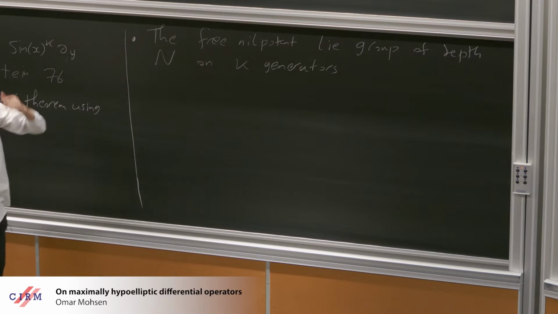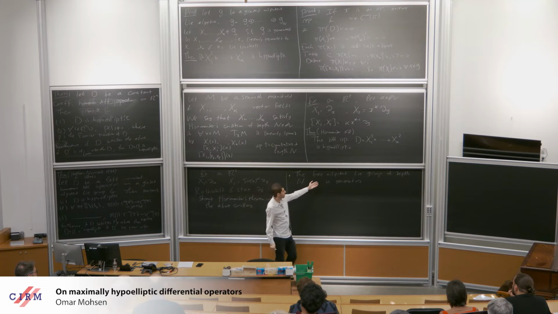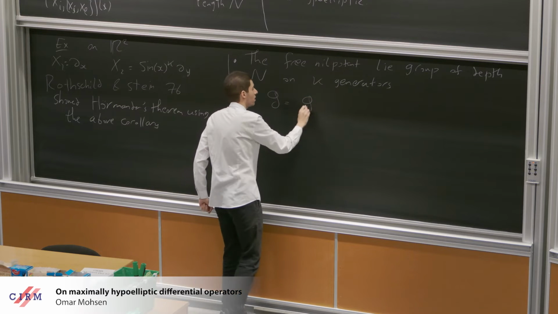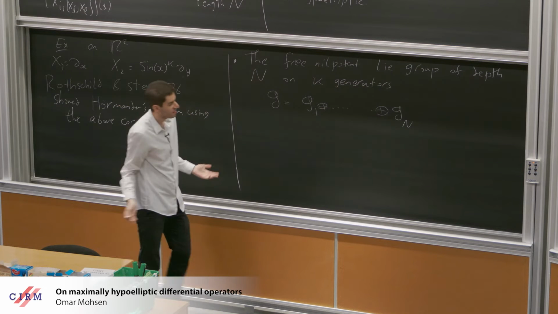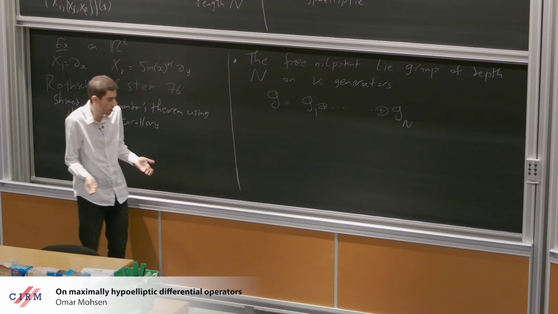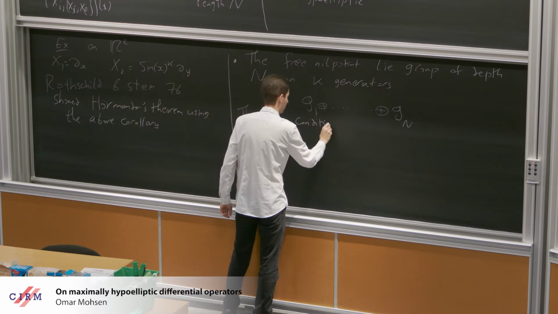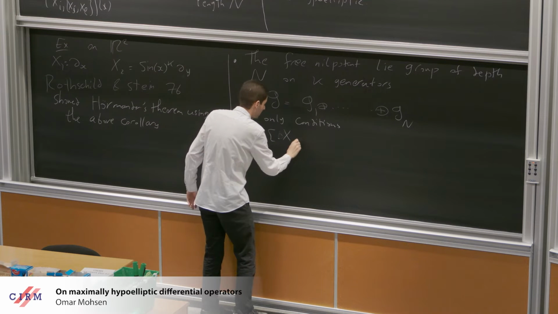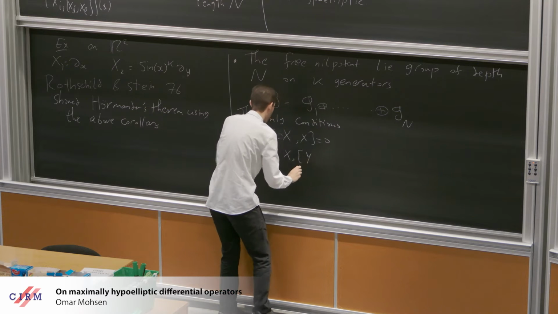There is this object called the free nilpotent Lie group, which is essentially the biggest Lie group, Lie algebra, which is of depth n and k-generated. This means that g is a direct sum. And it's free in the sense that the only conditions are the fact that it's a Lie algebra and the Jacobi identity.